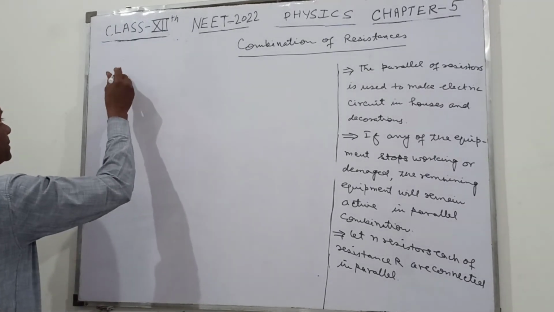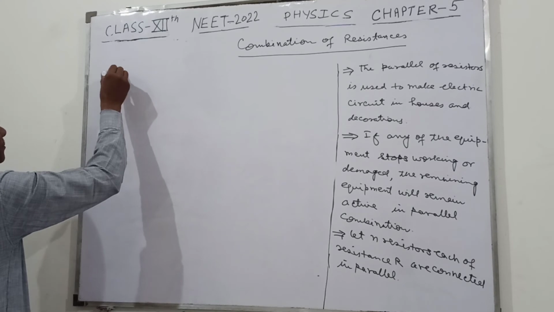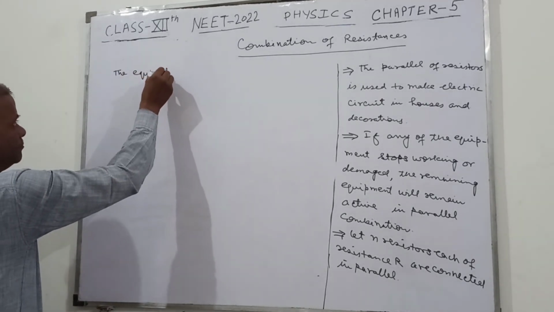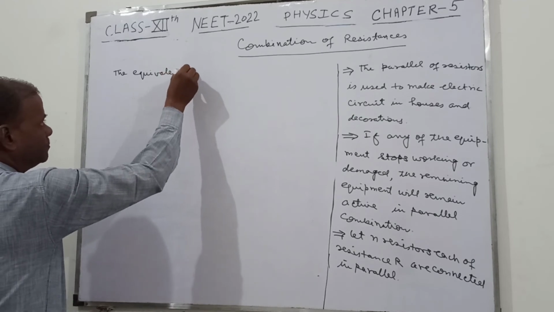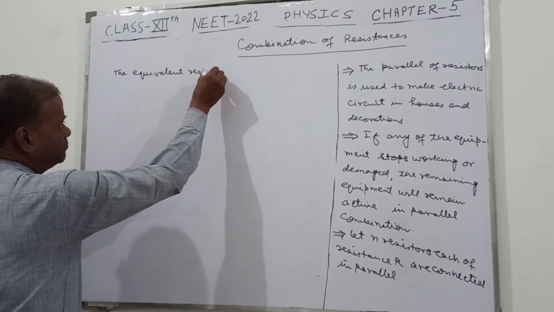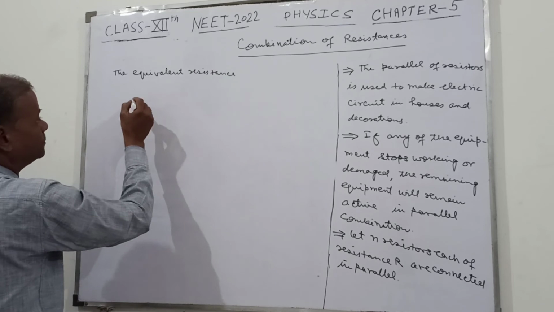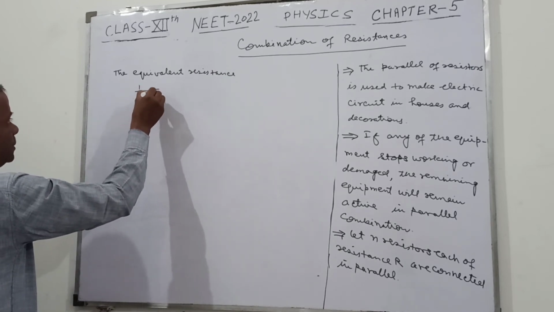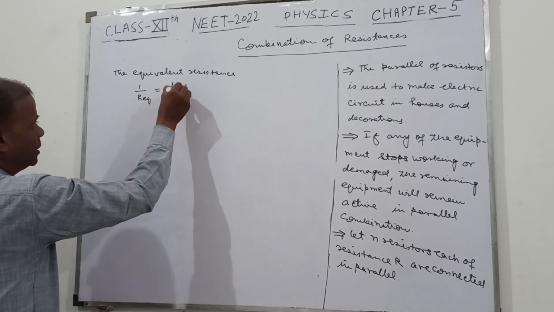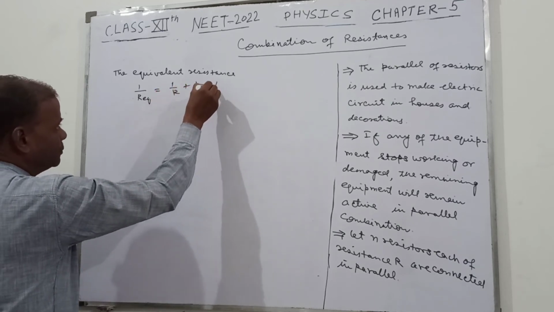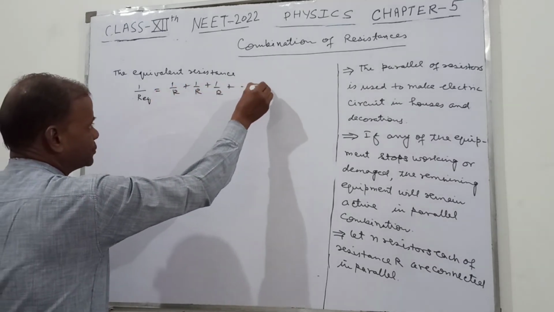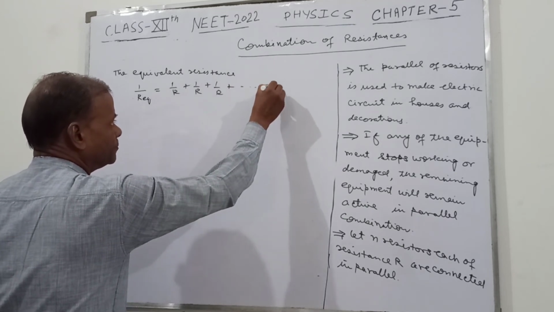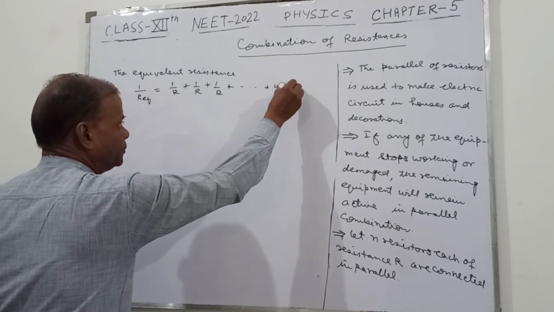The equivalent resistance: 1 upon R equivalent equal to 1 upon R plus 1 upon R plus 1 upon R plus and so on up to n terms.